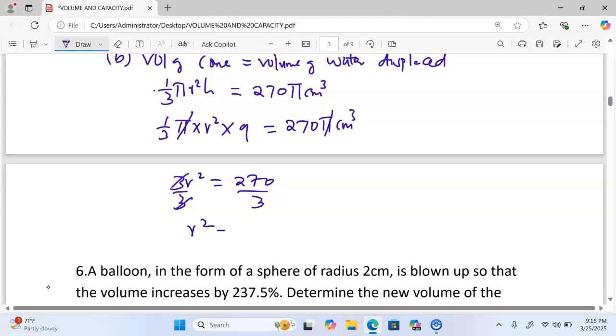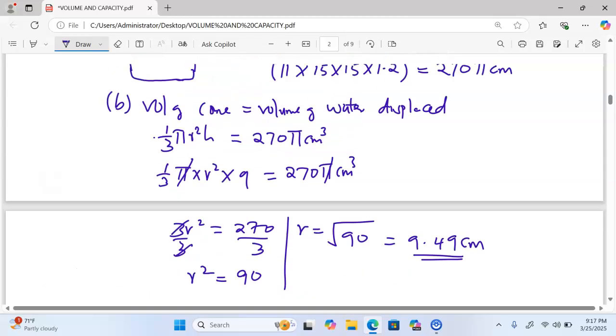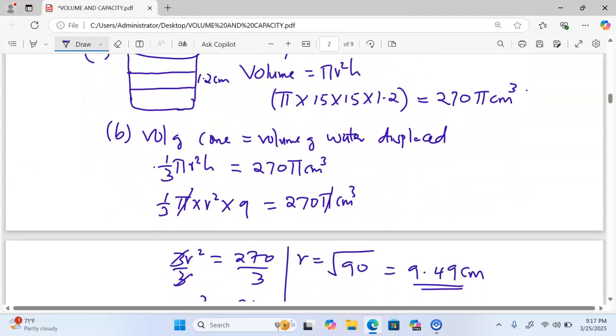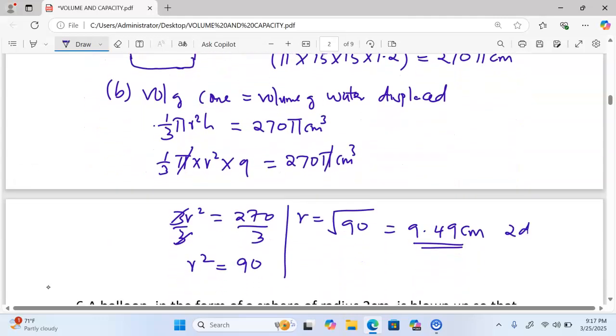R squared is going to be equal to 270 divided by 3, which gives us 90, and therefore to get r, we take the square root of 90, and this is going to give us 9.49 centimeters as the radius of the cone to 2 decimal places.